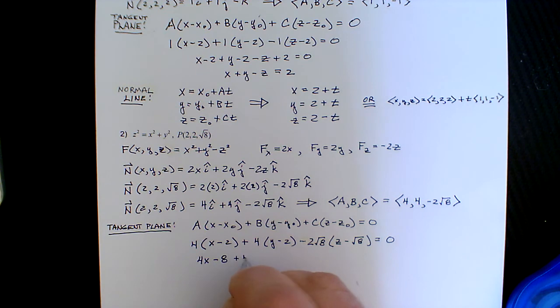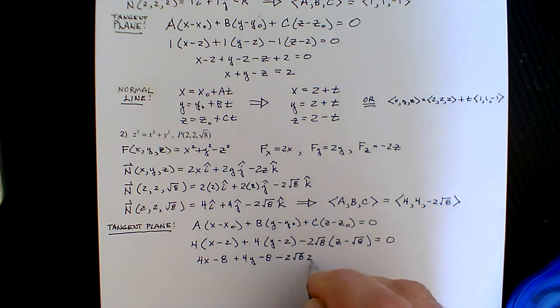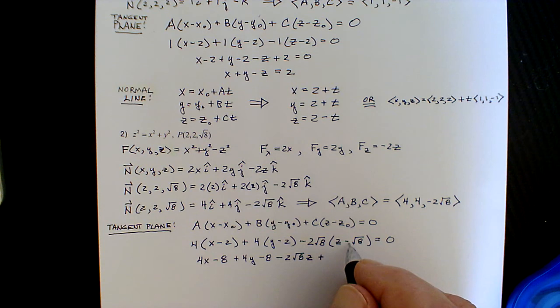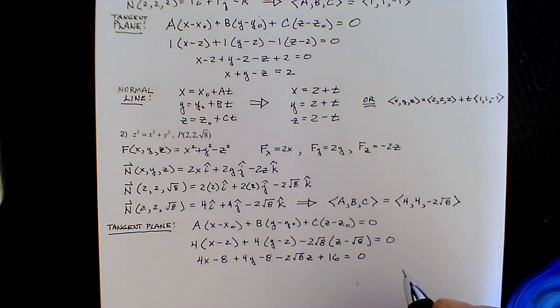4x minus 8 plus 4y minus 8 minus, okay, that gives us 2 square root of 8 times z plus, okay, this would be plus because double negative. Square root of 8 times square root of 8 is 8 times 2 is 16. That's equal to 0.